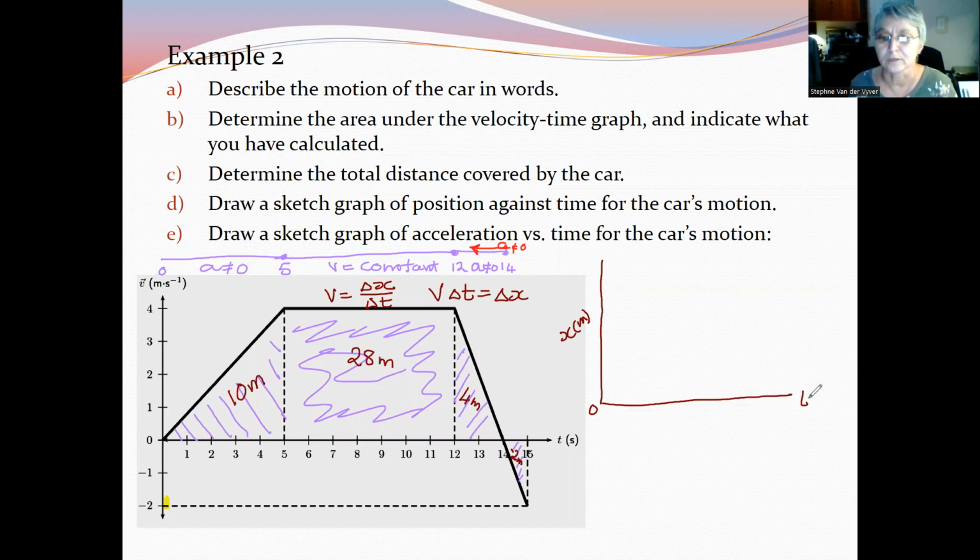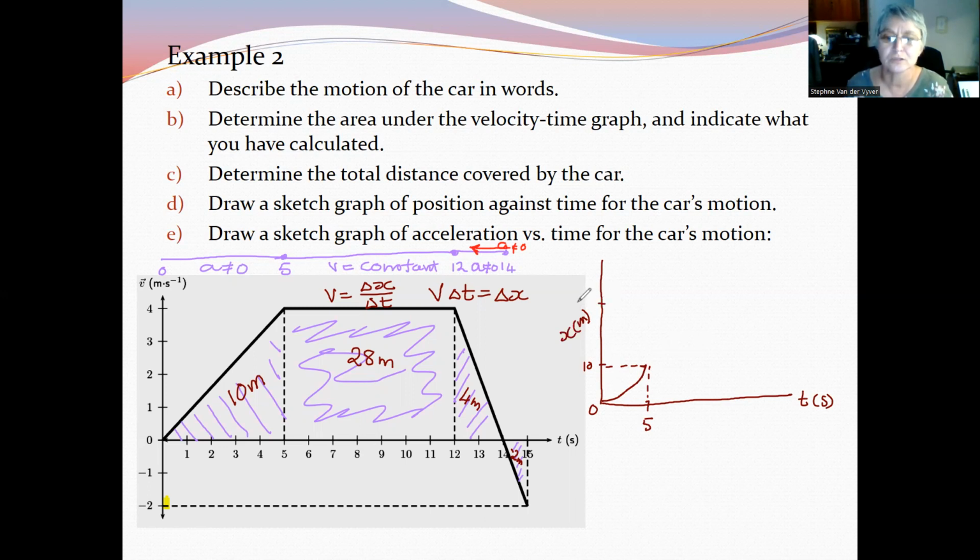So for the time axis, in the first 5 seconds, this car traveled 10 meters and he was accelerating. So the graph must be parabolic for the first 5 seconds. Then the car went 28 meters further.